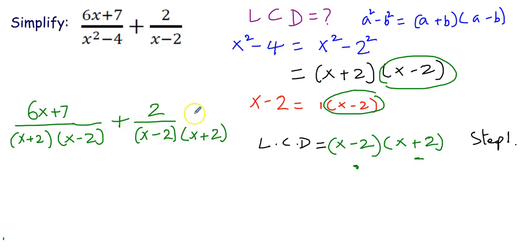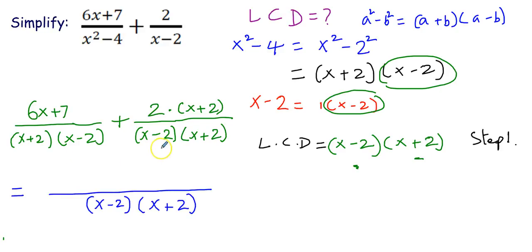And also, whatever I do to the denominator, I'll do the same thing to the numerator, because I multiplied the denominator by x plus 2. So multiply the numerator also by x plus 2. Right. This you can call it as step 2. Now in step 2, we made sure that both the denominators are same.